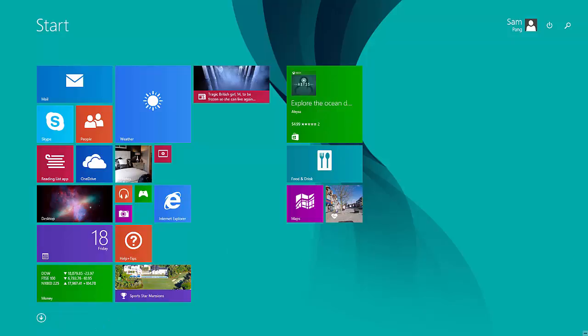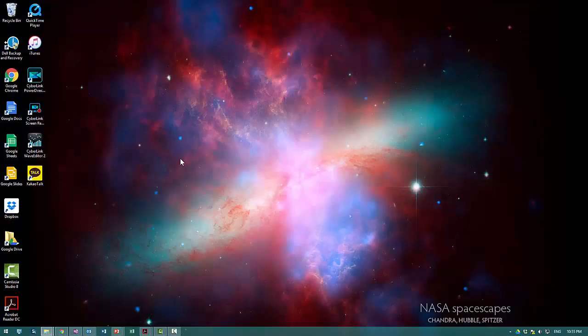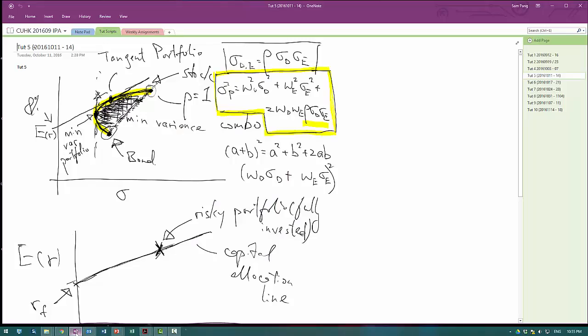Okay, I think the best way for me to show you this is to go back a bit to some of the tutorial notes that I made. By the way, I'm going to digitize all these scribblings that I made, and I'm going to make it available to everyone.